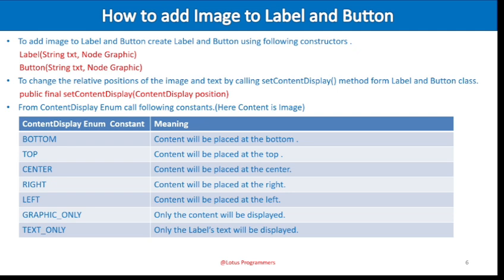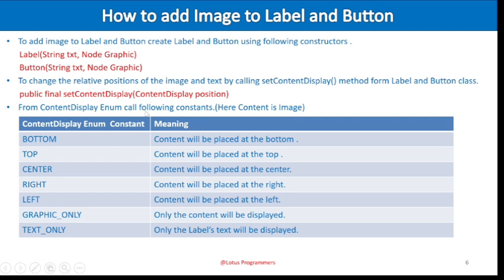If the content display is graphic only, the label or the button displays only the graphic, that means the image. The text message is not displayed. If the content display is text only, only the text is displayed on the label or button, and the image is not displayed.